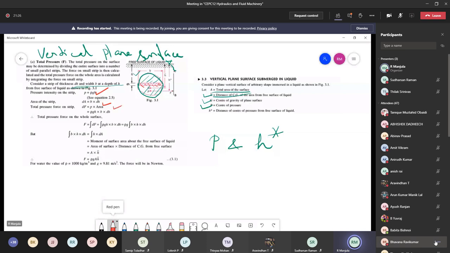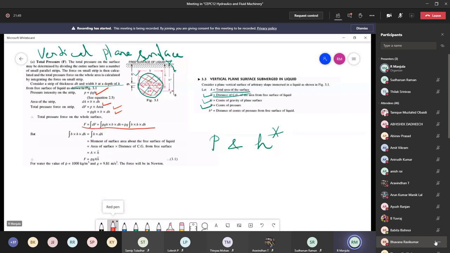Now what is the total pressure force on this entire surface? F is equal to the integration of dF, the integration of rho g h into b into dh. Now rho g into the integration of b h into dh.